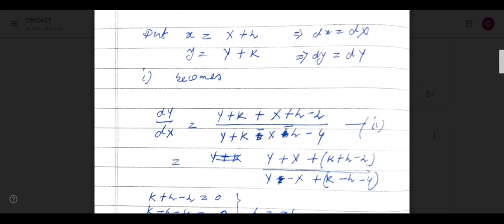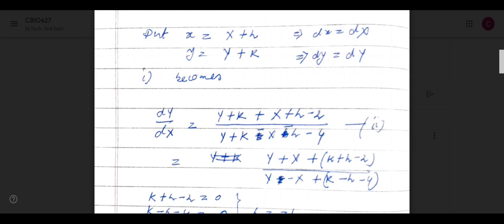Okay. Now you write our original equation 1, dy by dx, in the form of capital dX, capital dY. Means X and Y are capital. Just substitute that: x is X plus h, y equal to Y plus k.